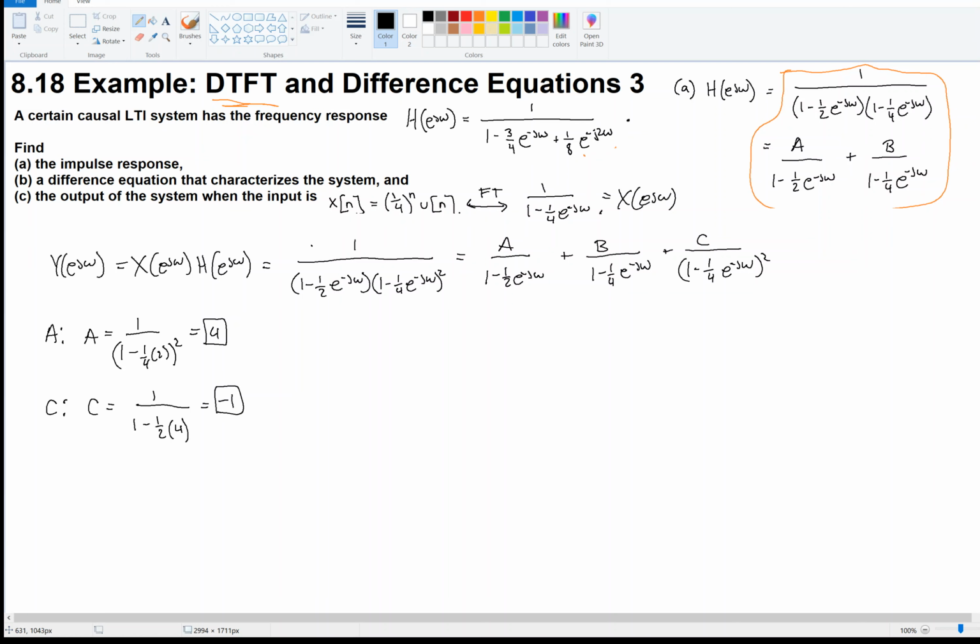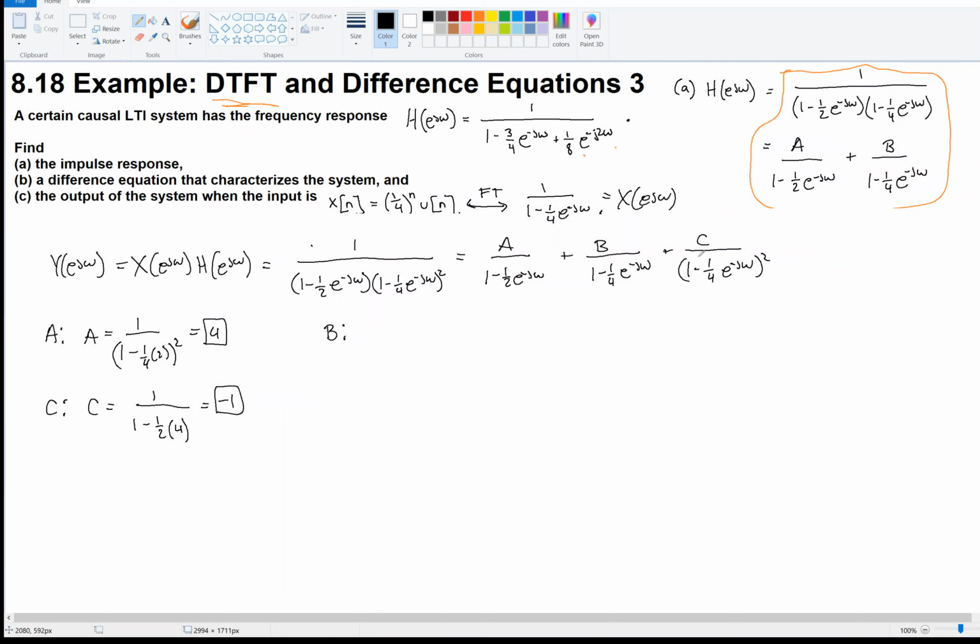Now I run into trouble when I try to get B, and the reason I run into trouble is this. Let me demonstrate. If I tried to use my method by multiplying everything by B's denominator and then setting e to the minus j omega equal to 4, what happens on the right is that when I multiply by B's denominator, I get one of these to be canceled, right?